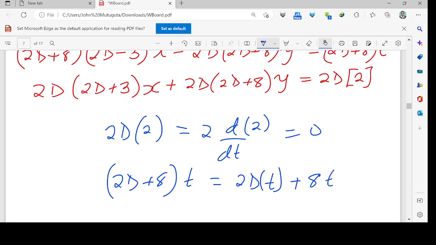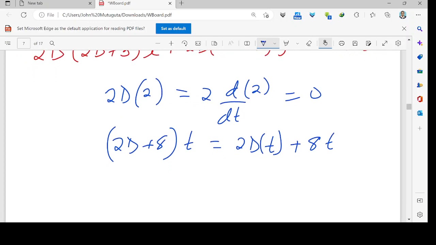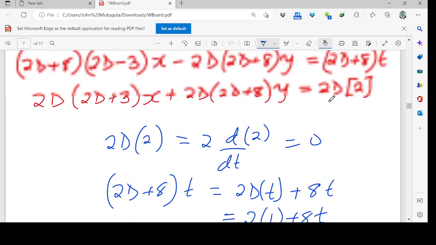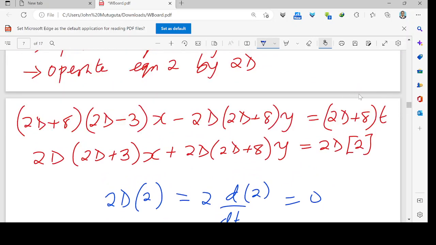The derivative of t with respect to t is 1, so this will be 2 times 1 plus 8t, which is 2 plus 8t. That's what we shall have in the first equation on the right hand side. In the second equation, we get 0.